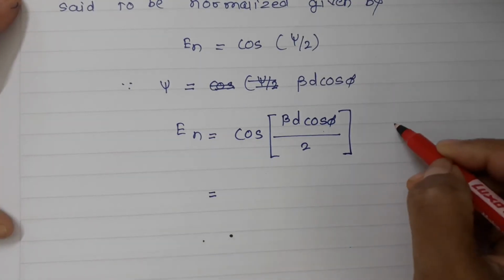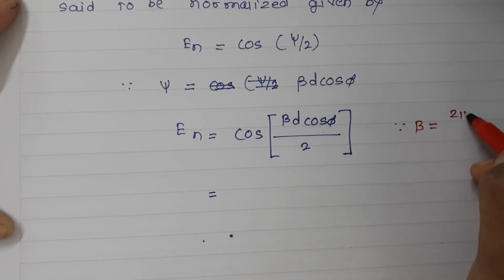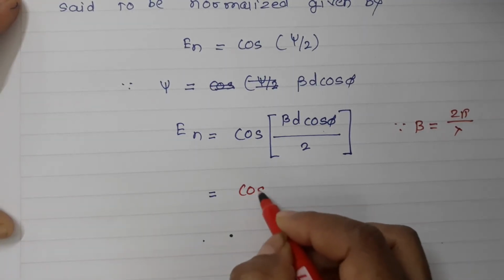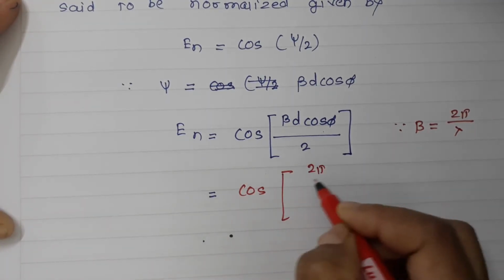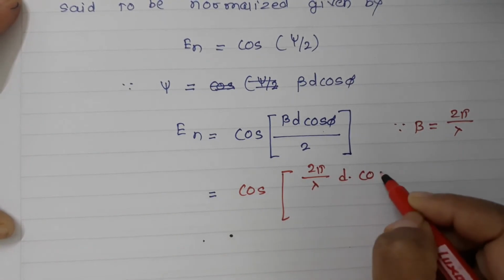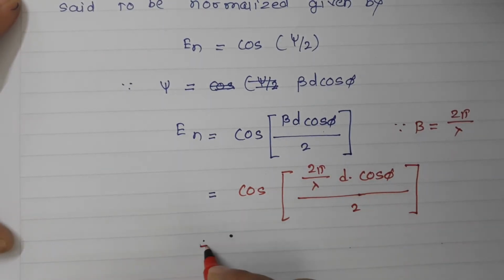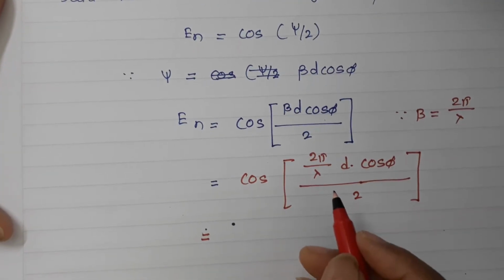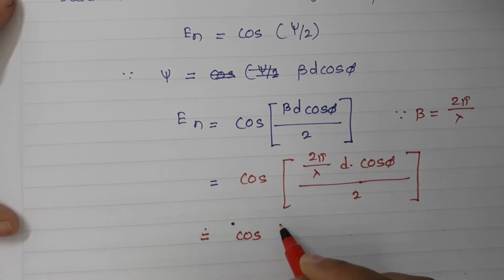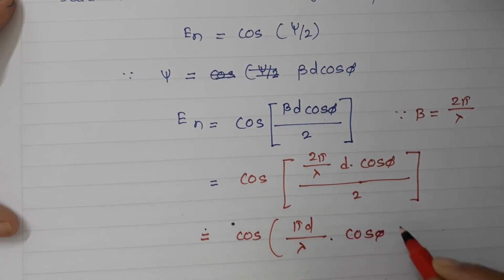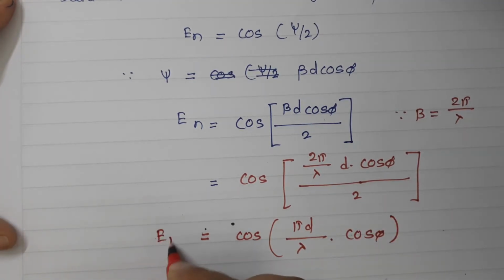If I put the phase constant β equal to 2π/λ, this will be cos((2π/λ) d cos φ / 2). So the calculation here gives cos(π d/λ · cos φ). So this is nothing but the En.